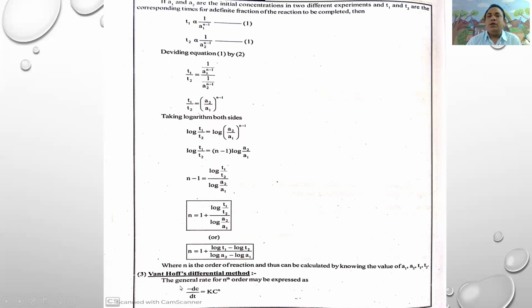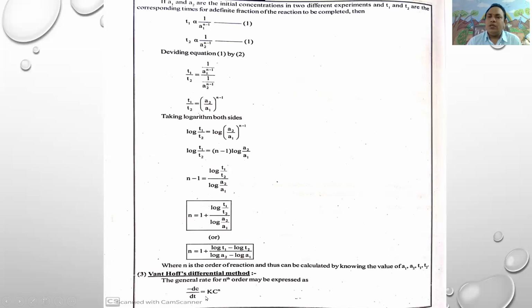Here, in a chemical reaction, C1 reactants are converted into products. According to the law of mass action, the rate, that is minus dC1 by dt, equals some proportionality constant K into C to the power of n.